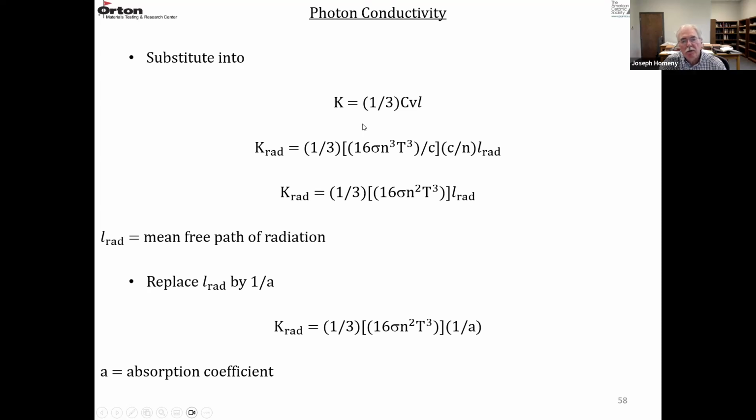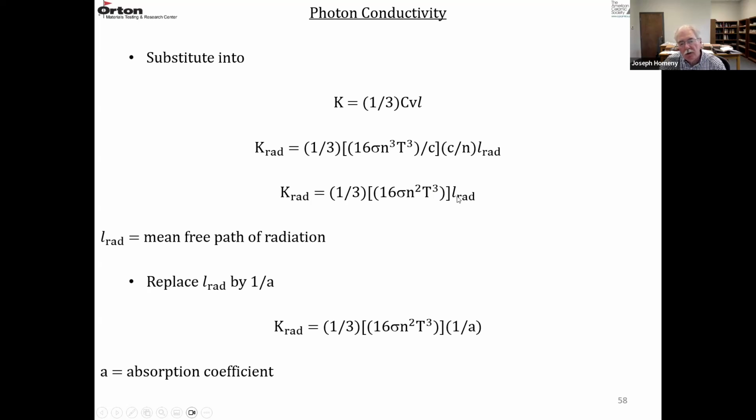So we substitute into this equation for C and V, and we end up with an equation for K radiation: 1/3 16 sigma N cubed T cubed divided by C, and that's times C over N times the mean free path of the radiation. That simplifies to 1/3 16 sigma N squared T cubed times the radiation mean free path.